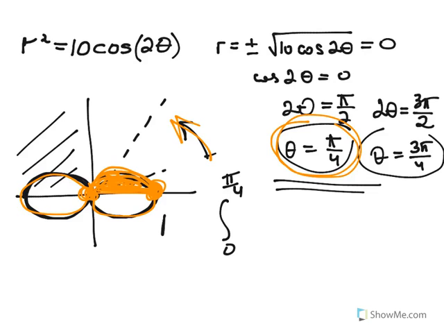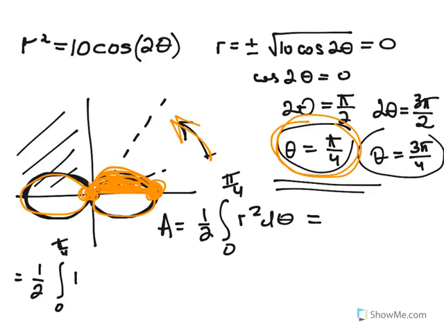The formula to find the area is 1/2 times the integral of r squared d theta. But r squared, we already have the equation up there, so it's 1/2 times 10 cosine 2 theta. And then you integrate this.